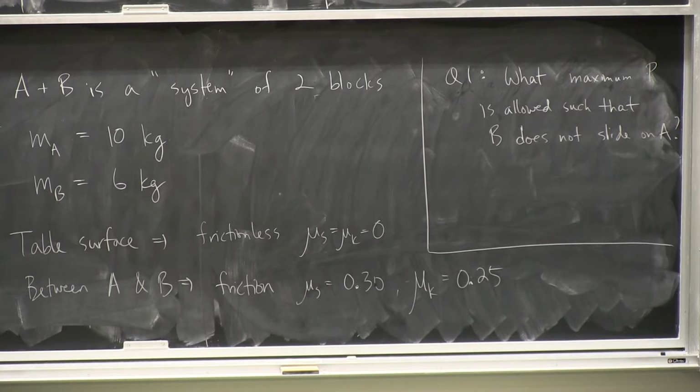Okay? So I am assuming that if you pull hard enough with P, that B will eventually slide on A, and I want just the maximum force so that they're sliding along the table, but B and A don't slide. So that's the first question.